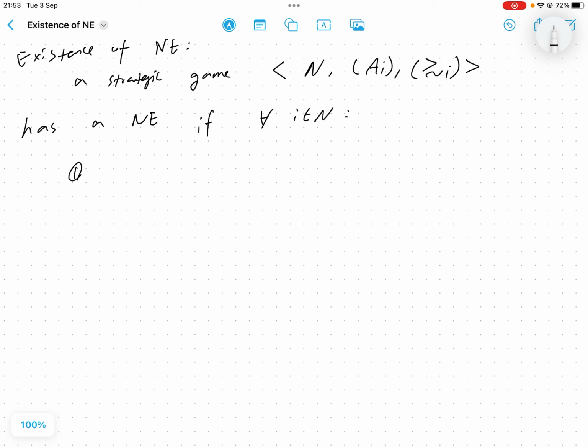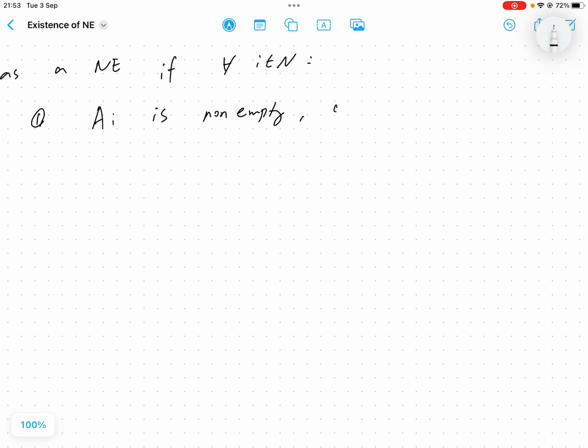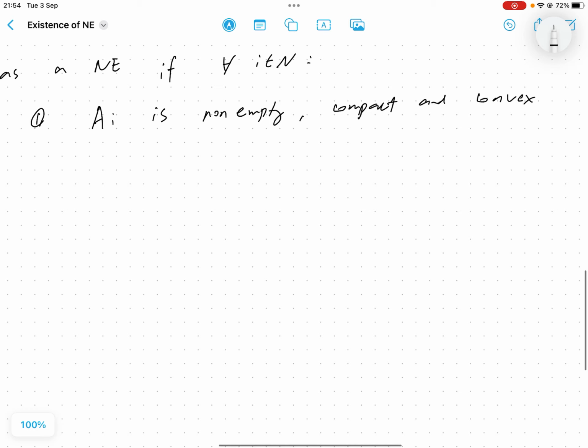The first one is that the action set for player i, A_i, is non-empty, compact, and convex, so it's a non-empty, compact, and convex subset of R^n, of a Euclidean space.